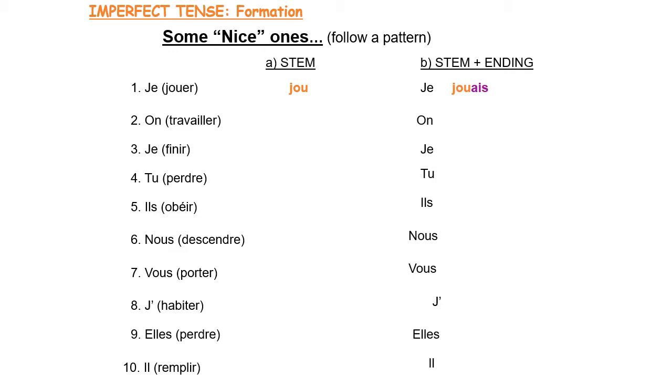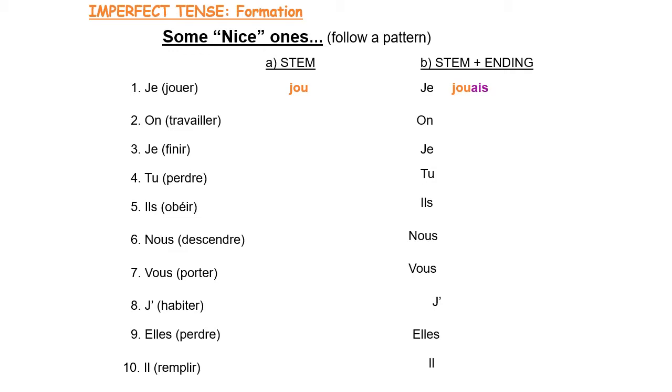I don't want us to go straight to this activity without first processing what the stem is. You might find it a little bit repetitive, but that's the point. I want to get you thinking about highlighting the stem and then adding the ending. So it's very straightforward for these nice verbs because, as I've said before, the present tense verbs are pretty straightforward.